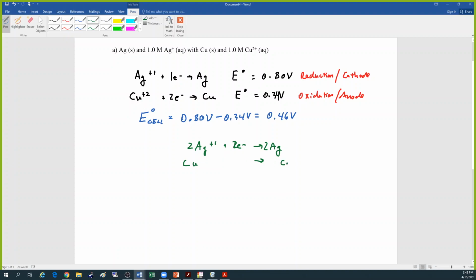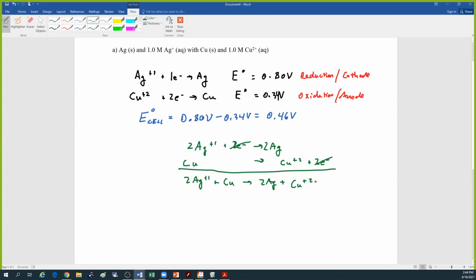The electrons cancel. And then our net equation is silver ions and copper make silver and copper ion.